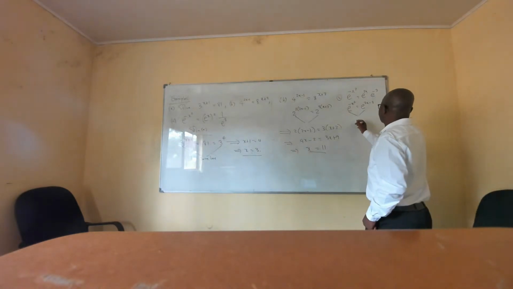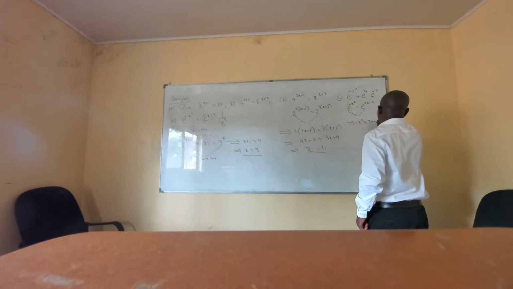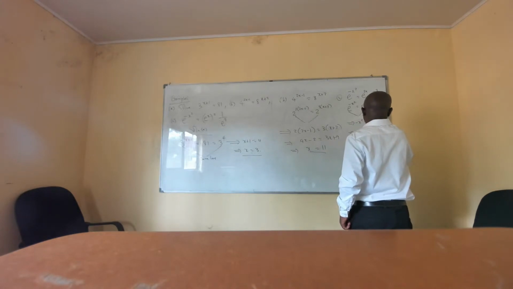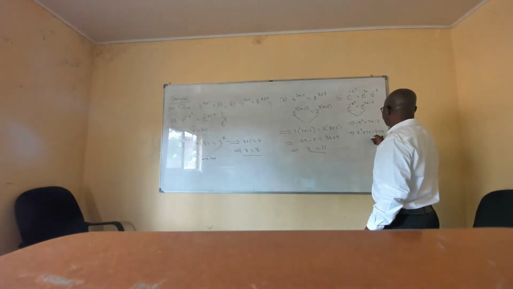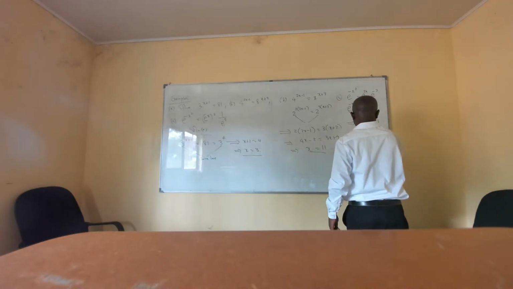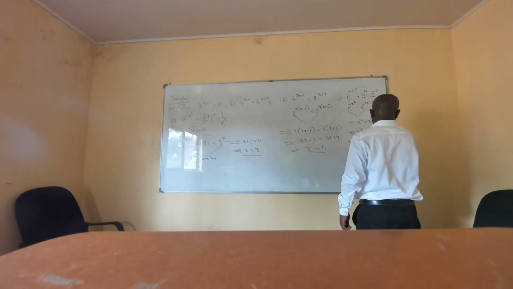So we can therefore deduce that minus x squared should be equal to 2x minus 3. But this is the same as saying x squared plus 2x minus 3 is 0. Then we can factorize. We have 3 and minus 1.